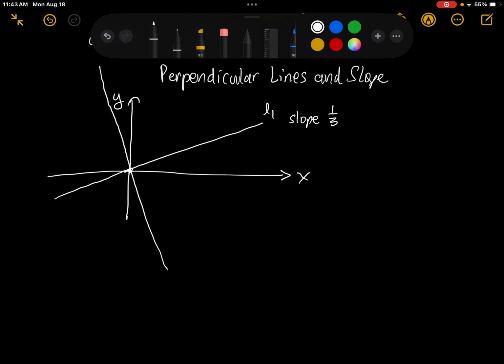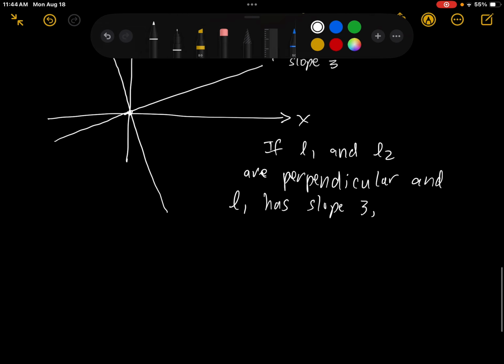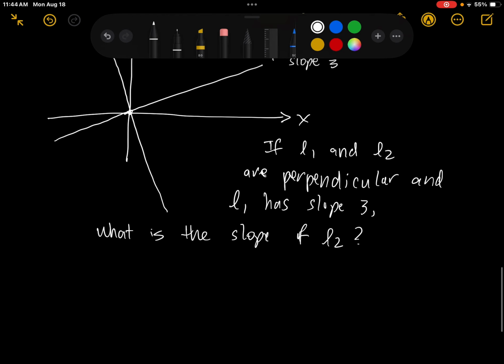So this is line L1, that's line L2. And the question is, what's the slope? So if L1 and L2 are perpendicular, and L1 has a slope of 1/3, what is the slope of L2?